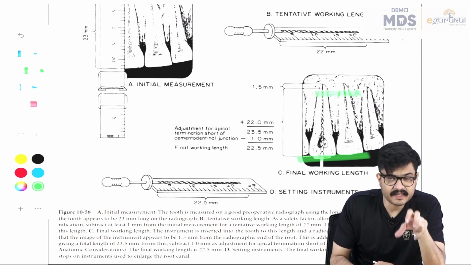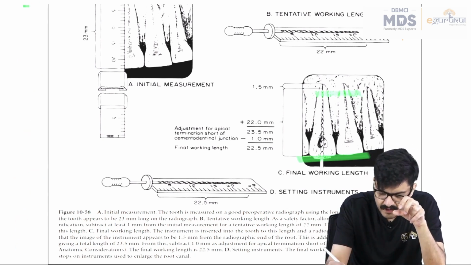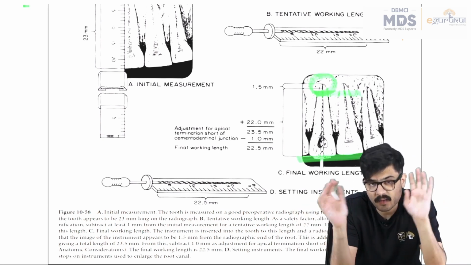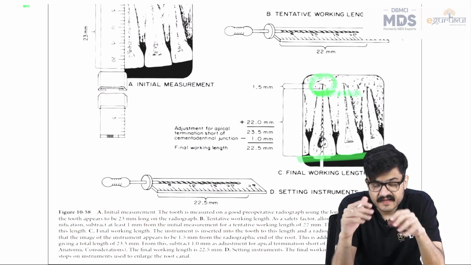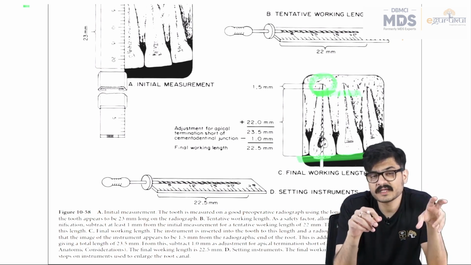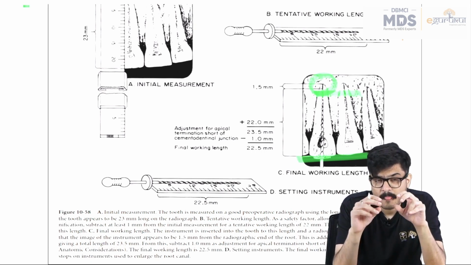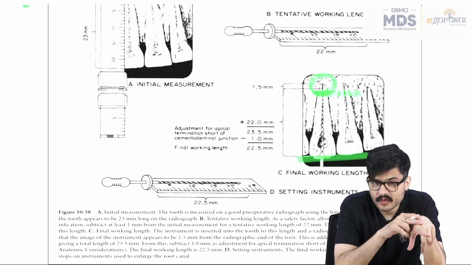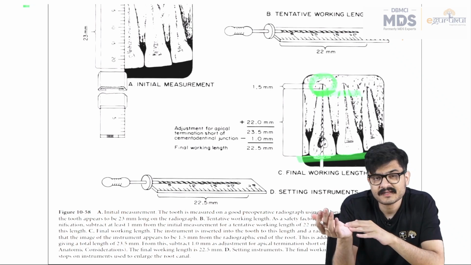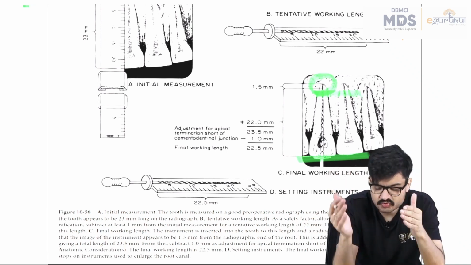Now, and then I take another X-ray. Now, what if the remaining distance was exactly 1 mm? That means this would have been my final working length. However, here there is an additional 0.5 mm. That means the 22 mm is short of the radiographic apex by 1.5 mm. So now my length of the tooth instead of 23 mm becomes 22 mm plus 1.5, that's 23.5. And my working length becomes 23.5 minus 1, that's 22.5.